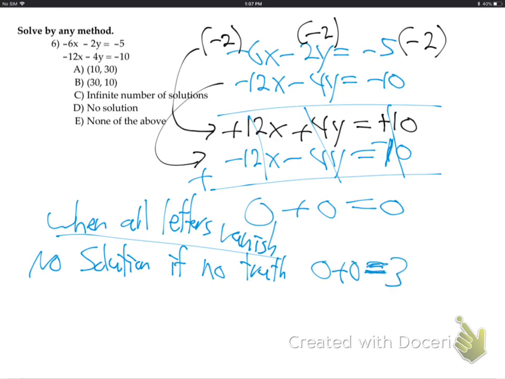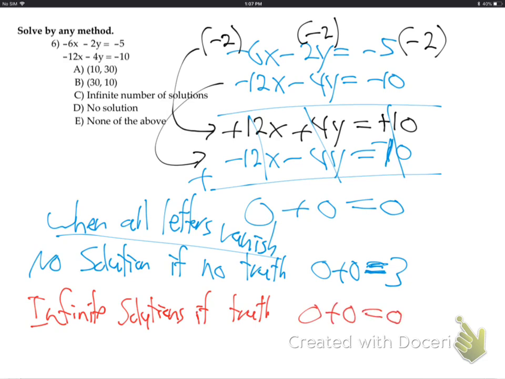That's not true. But it's infinite solutions if there's truth. 0 plus 0 does equal 0. This one is infinite. C.